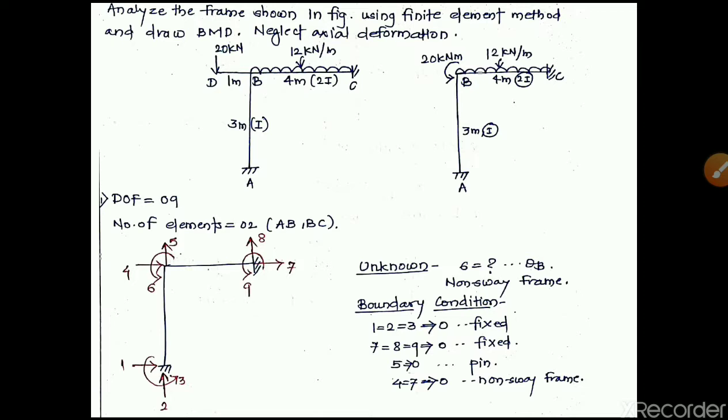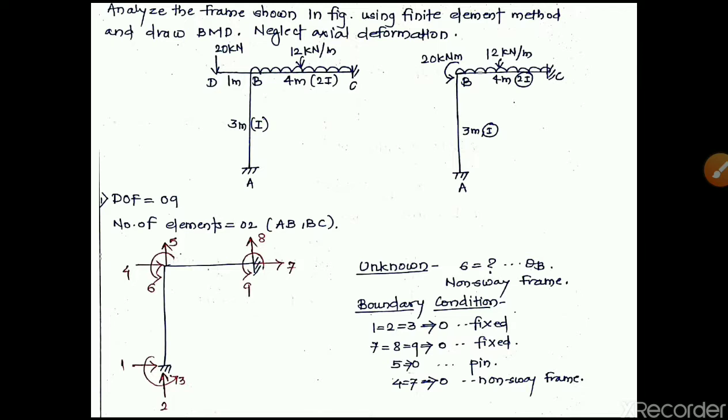Writing the boundary conditions, you can make a tabular format as we have done in the previous problem. Here I have not done that tabular format, simply written a summary: the number of elements is 2, degrees of freedom are represented in the figure, unknowns are written separately and boundary conditions are written here. The unknown is number 6, theta B. It is a non-sway frame, so delta is 0, that is not considered here.